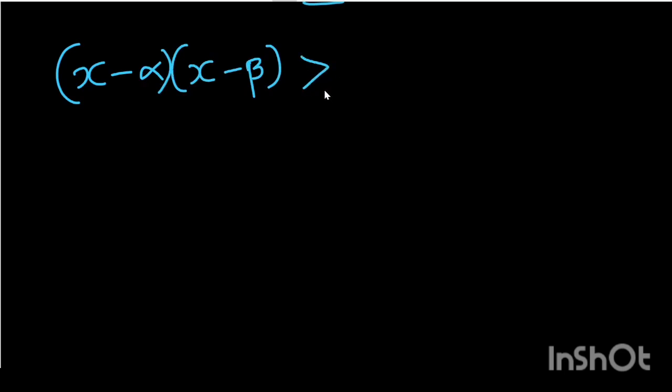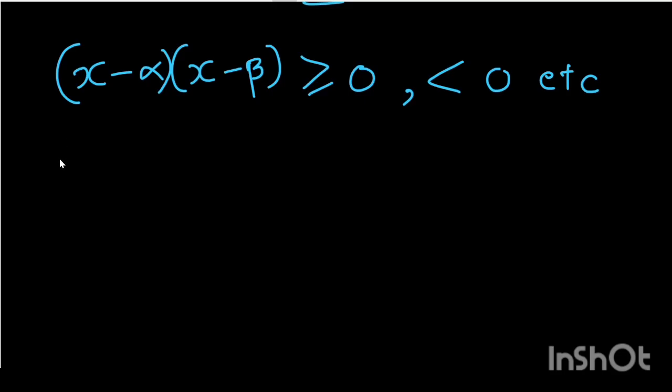So we have seen the results for (x minus alpha)(x minus beta) greater than or equal to 0, less than 0, less than or equal to 0, and so on. Now what if the coefficients are not 1?